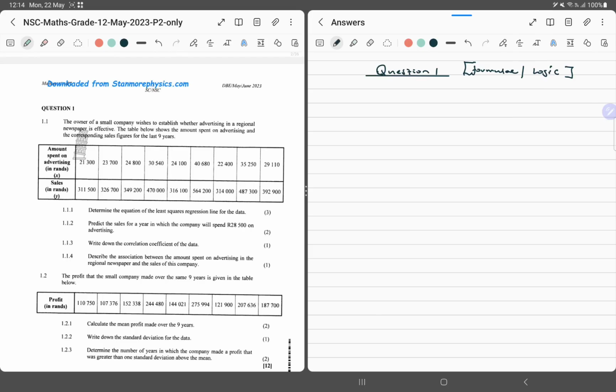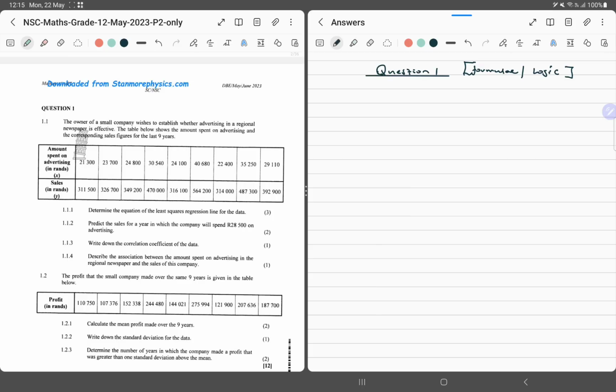We're told here, the owner of a small company wishes to establish whether advertising in a regional newspaper is effective. The table below shows the amount spent on advertising and the corresponding sales figures for the last 9 years.